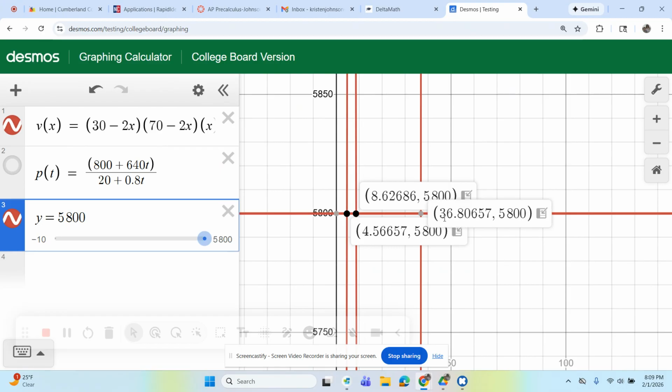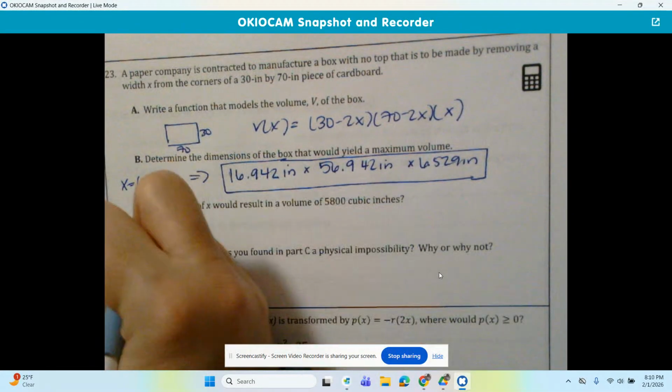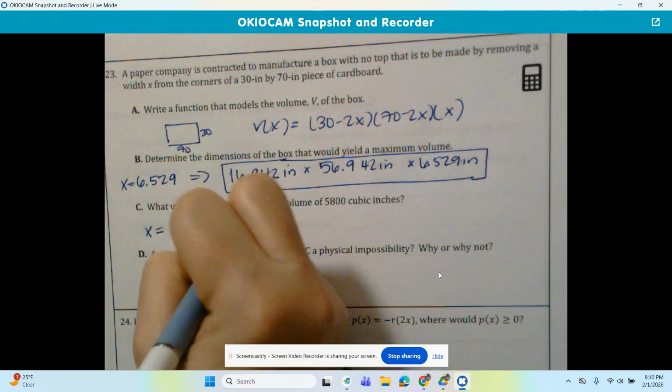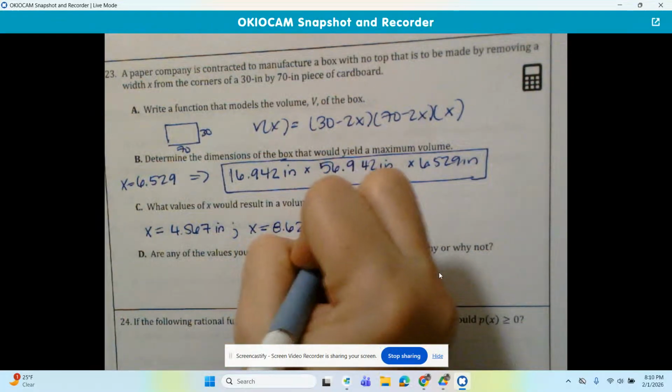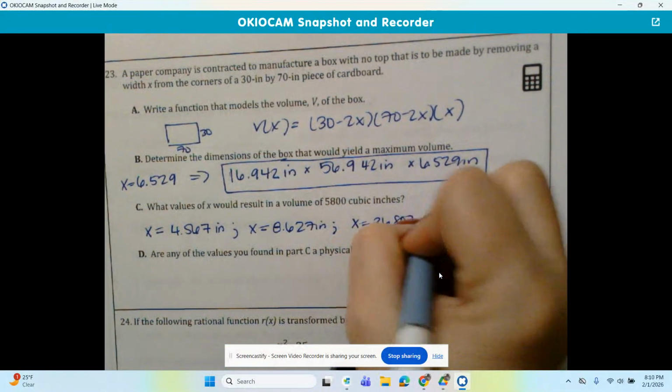We've got 3 different values of x right there. So y equals 5,800, and then you've got 3 values of x, which are 4.567, 8.627, and 36.807.